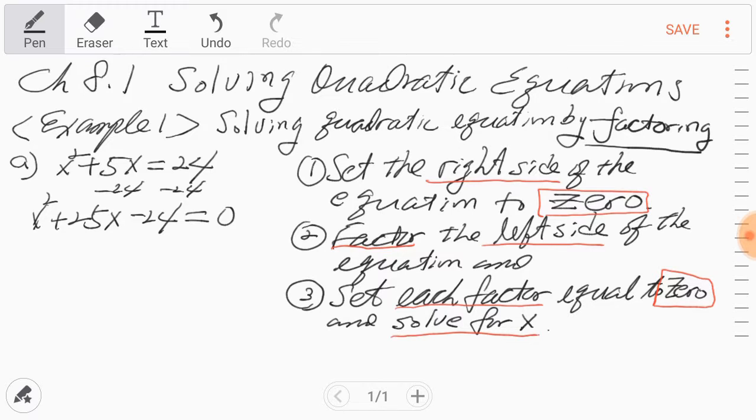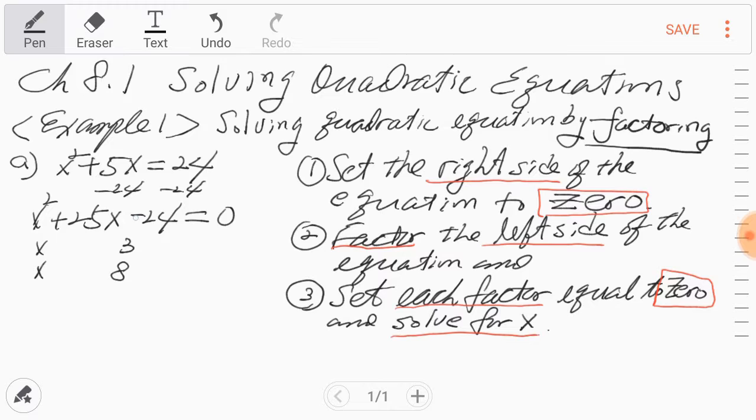The second step is, now that the right-hand side of the equation is 0, we need to factor the left side of the equation. So let's factor this trinomial. We can use our combination method. The first one is x times x is x squared. For 24, we can try 3 and 8. 3 times 8 is 24.